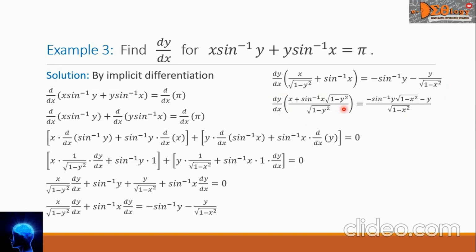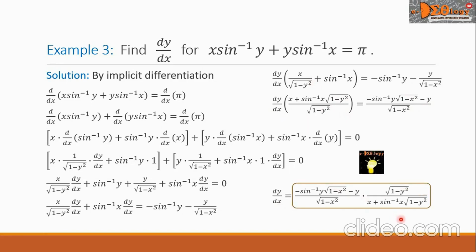It means to say our dy over dx will be equal to this fraction here all over this fraction. Further, we can show that our dy over dx is equal to this fraction we write here times the reciprocal of this fraction. This is our final answer.